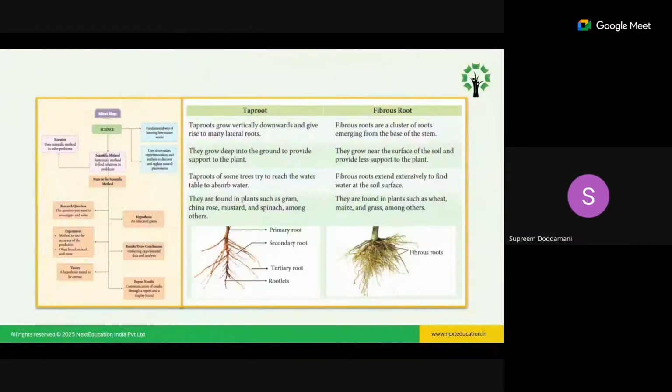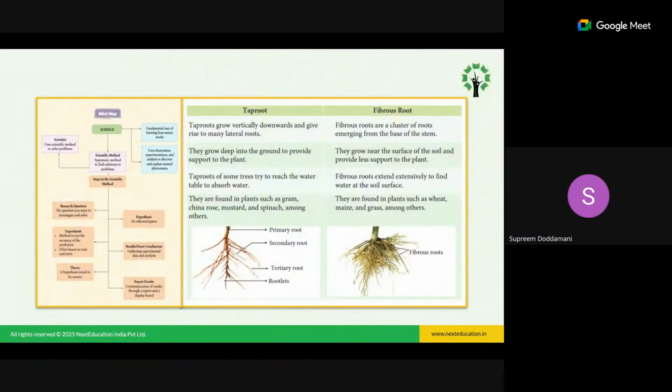And the diagrams and the mind map you can see there, right? The diagrams are very simple and the labeling is also done. Alignment of the labeling is also perfect so that students can easily understand. There is no mess in labeling and unnecessary labeling is not mentioned here.